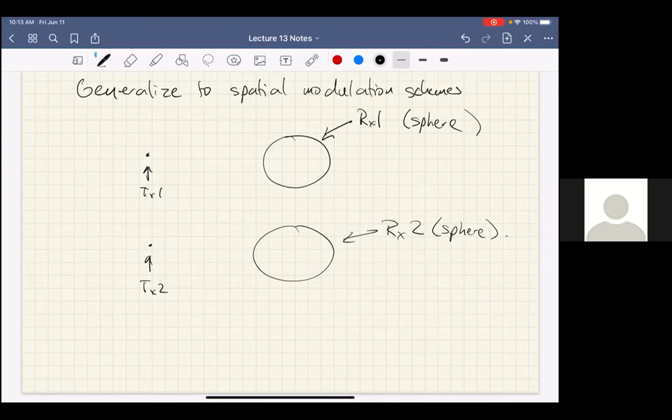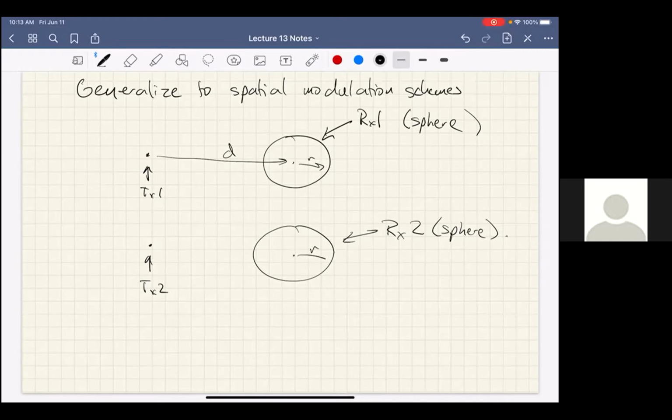So again, molecules are released at the transmitter. They propagate, and they can end up in either spherical volume over here. The distance we have here to the center of the sphere is still going to be d. The radius of the sphere will be r. They're going to be the same. So each sphere is going to have radius r.